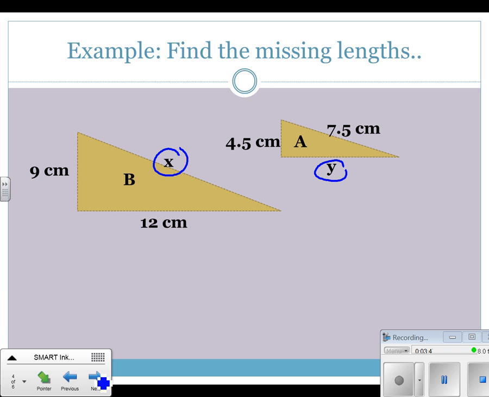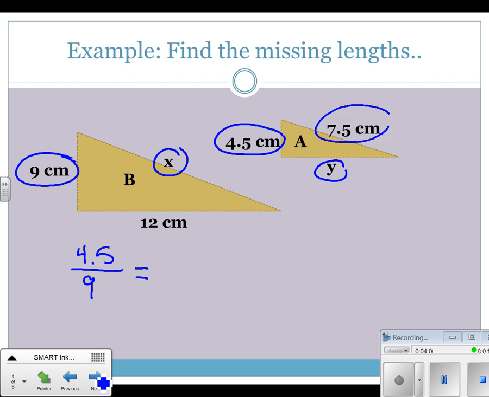So on triangle A, I have 4.5 centimeters, and that matches the 9 centimeters on triangle B. So 4.5 is to 9. Now I want to know what X is. So I see 7.5 is to X. So I'm going to write 7.5 to X. You can see what I did in my proportion.